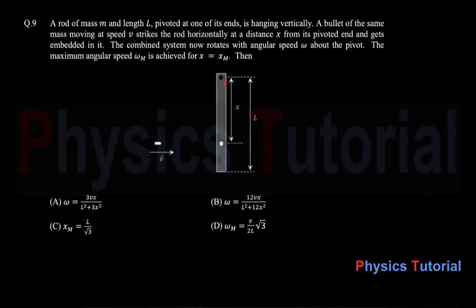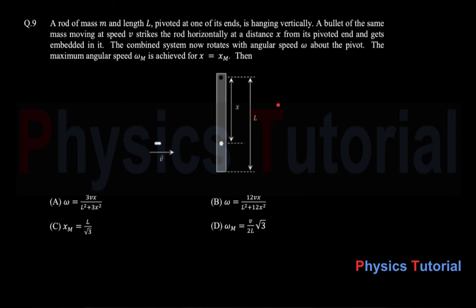The moment of inertia of the rod about one end is m l square by 3, and small m is also the mass of the rod. When the bullet sticks here, its distance from the axis of rotation is x, so m x square. So for I you add the rod and the bullet: the bullet contributes m x square and the rod m l square by 3. In this way you will get I omega.